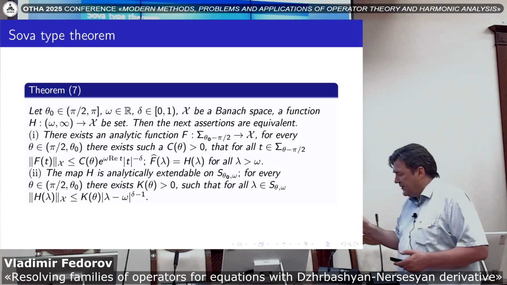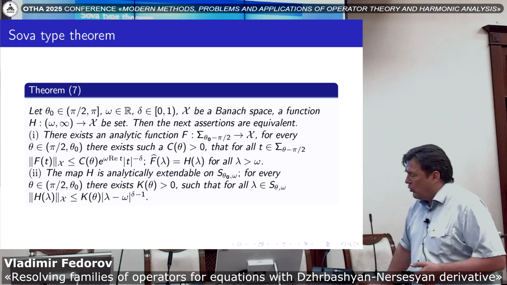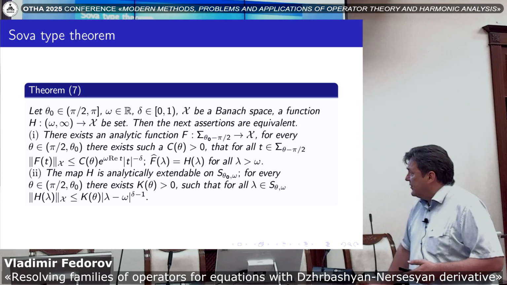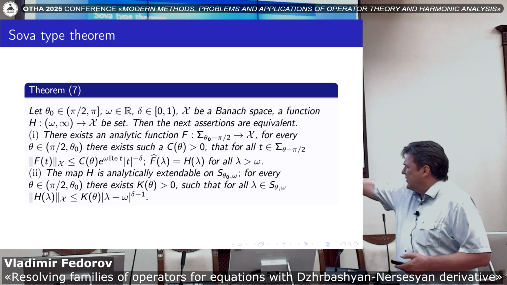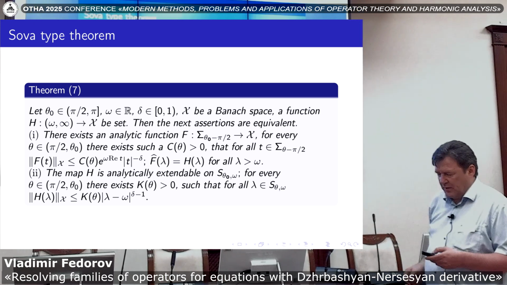This theorem is about the properties of the Laplace transform of a function which is analytic in a sector. And if we take delta equal to 0, then it will be the Widder theorem.